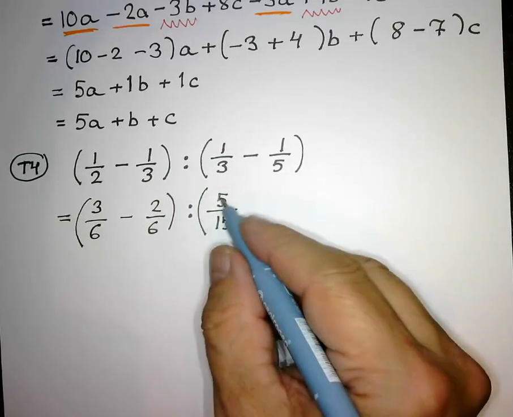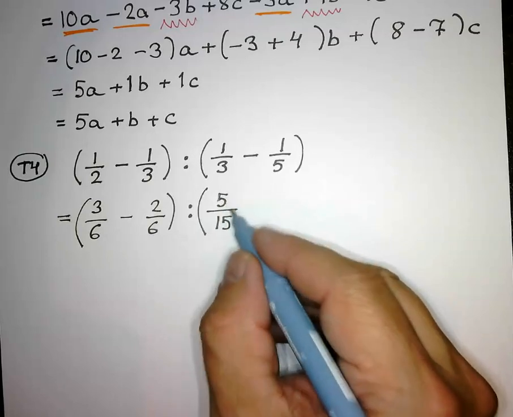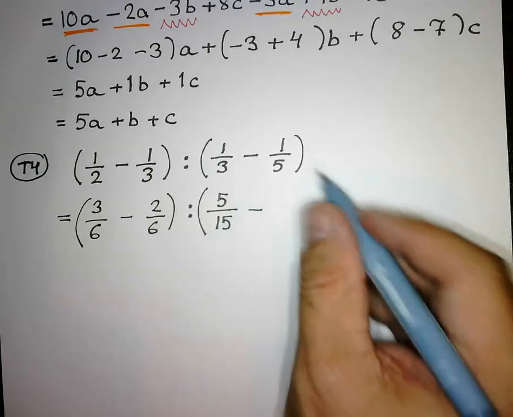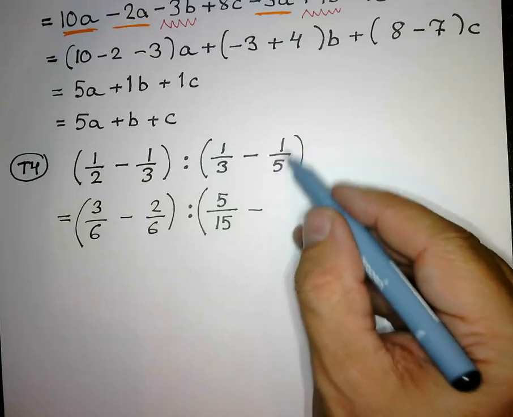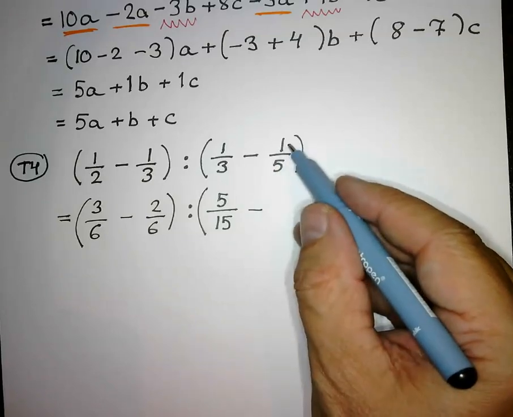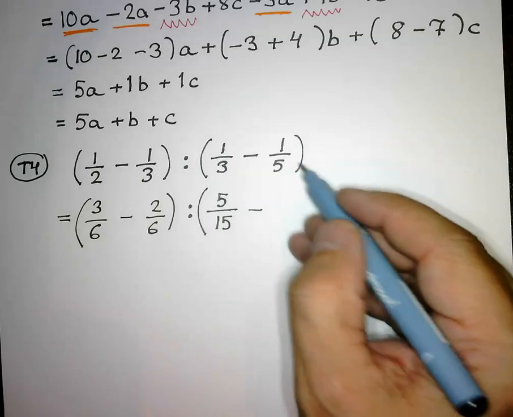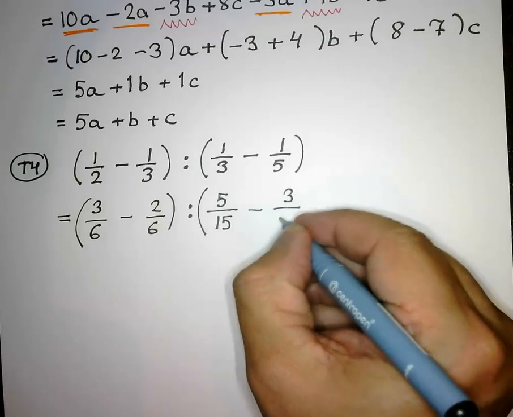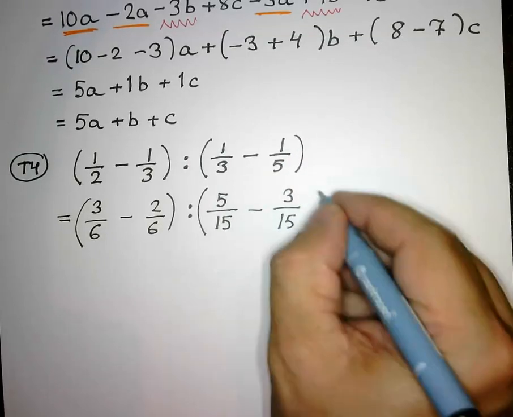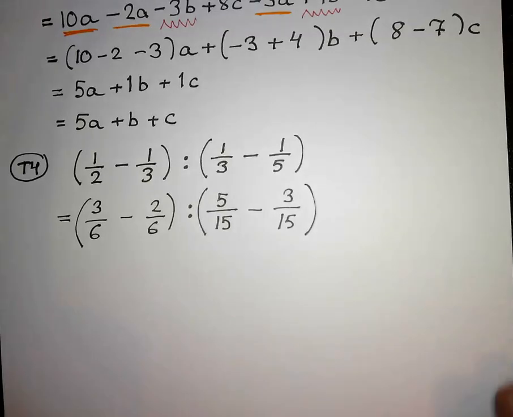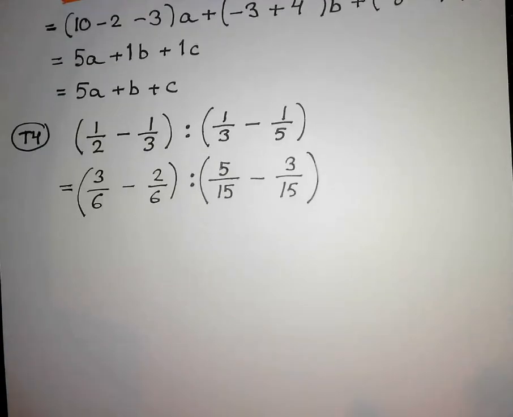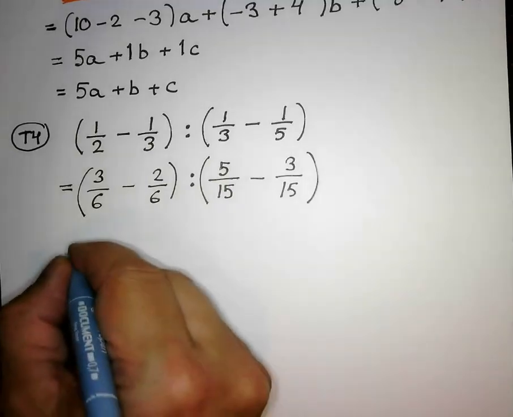This is the same as 1/3. And here we multiply both numbers by 3, so we get 3 divided by 15. So we also get this 15 in the denominator.